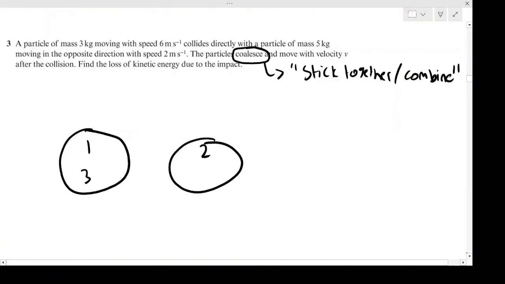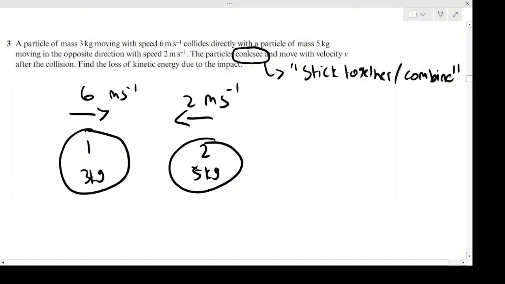The first one has mass 3 and the second one has mass 5. I'm told they are moving in the opposite direction, so that has to mean they're going to move towards each other like this. The first one has speed 6 and the second one has speed 2. So this is before.